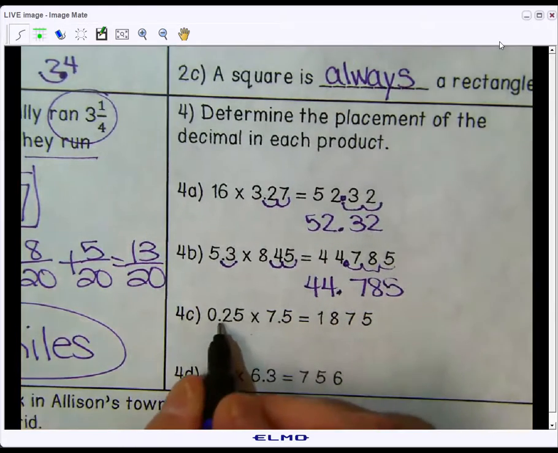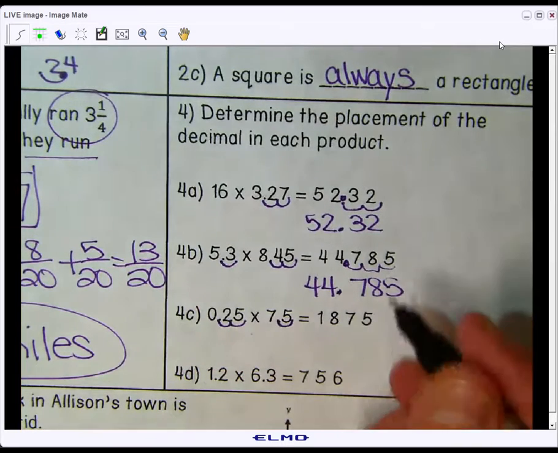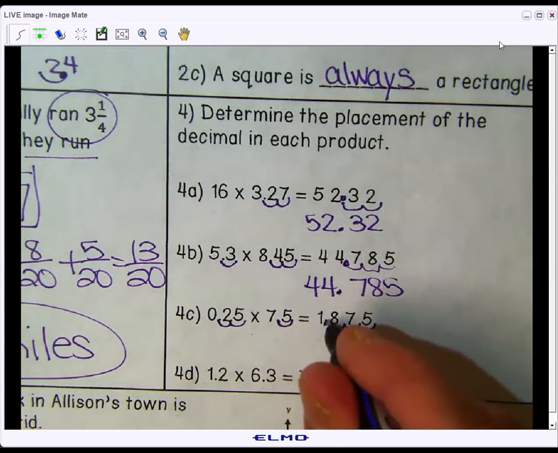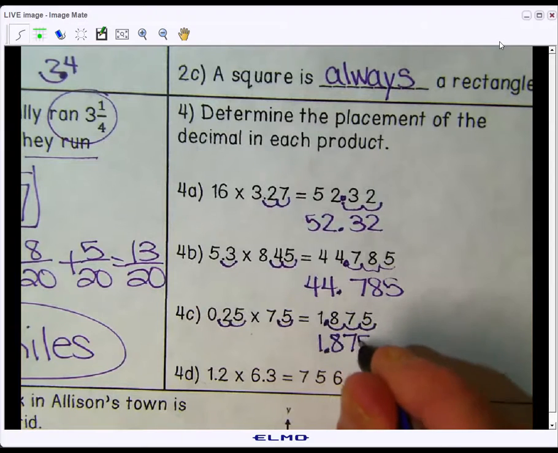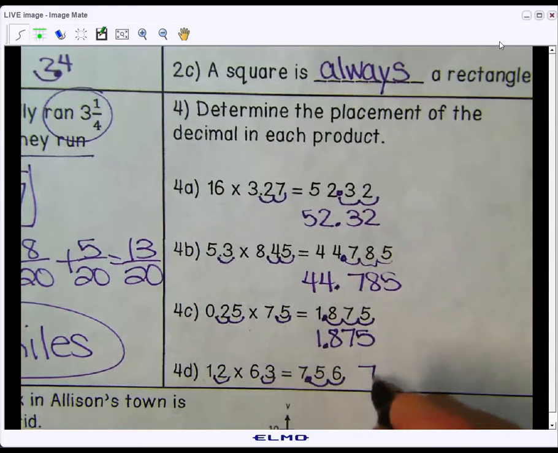Okay. Here we have hundreds and tenths again, so that would be thousands. So we will move it 3 places to the left, and our product will be 1 and 875 thousandths. And finally, we have tenths times tenths, so we know that's going to be hundredths, 1, 2 places. So our product will be 7 and 56 hundredths.